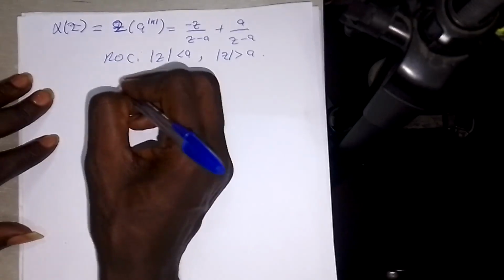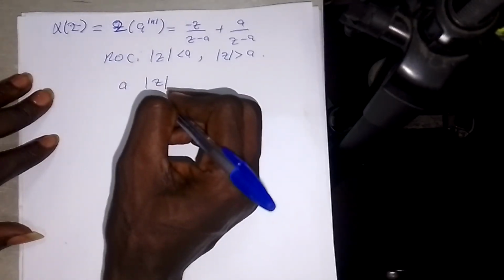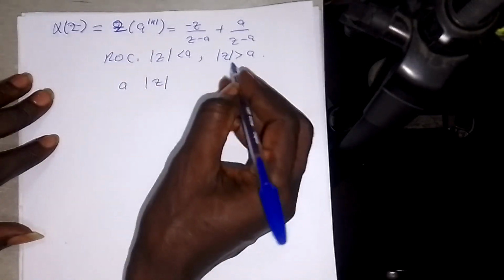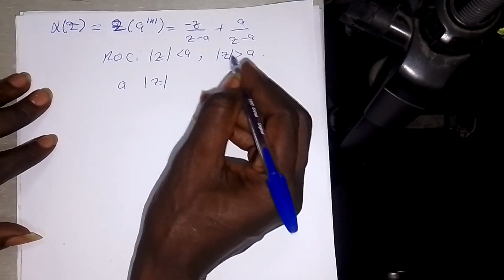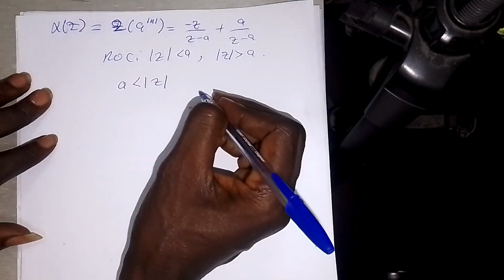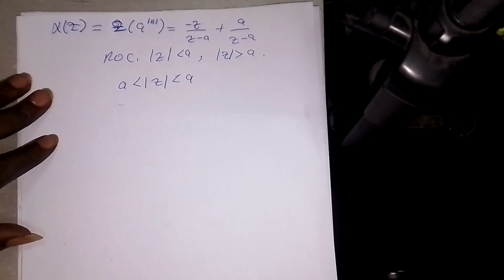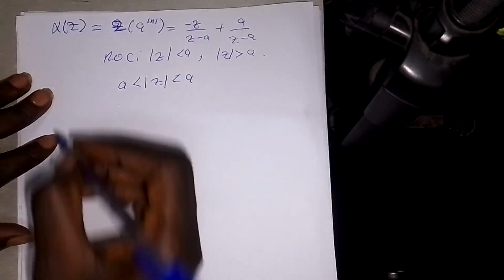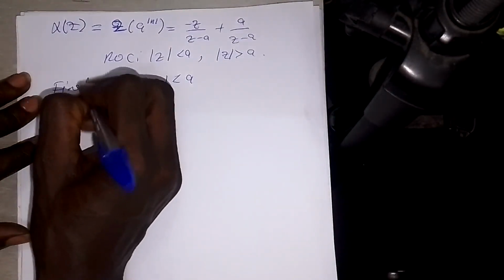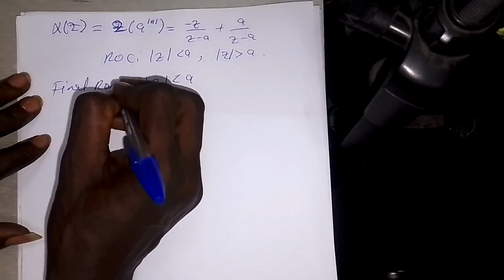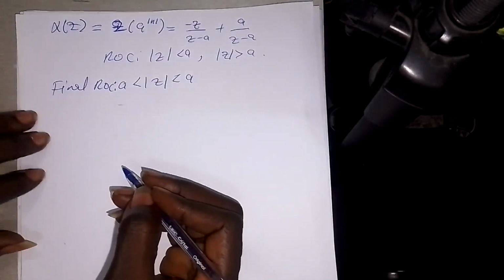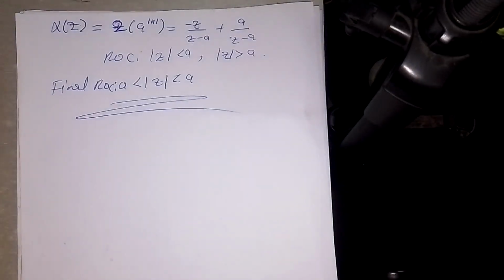So if a is here, one region is greater than a and the other is less than a, so it's the intersection within this range. This is my final ROC. This is how you can solve this particular question. Thank you so much, and see you in the next lecture.